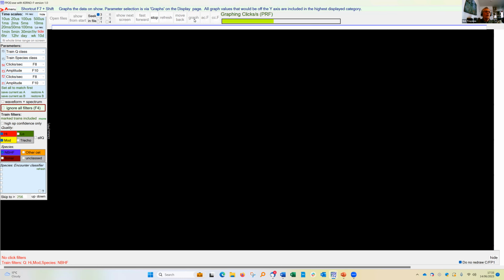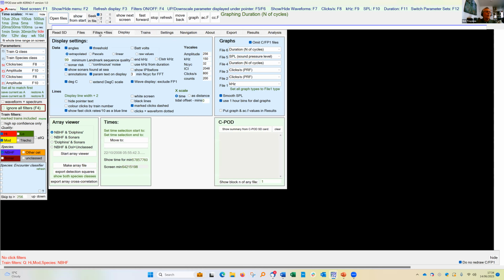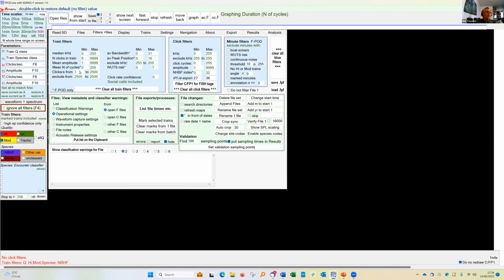And now we graph that. This gives us a very quick picture of where the faster trains come in. So there's a trough here. I'm going to go for say 100 clicks a second, and put a filter in here at clicks from 100 clicks a second upwards.